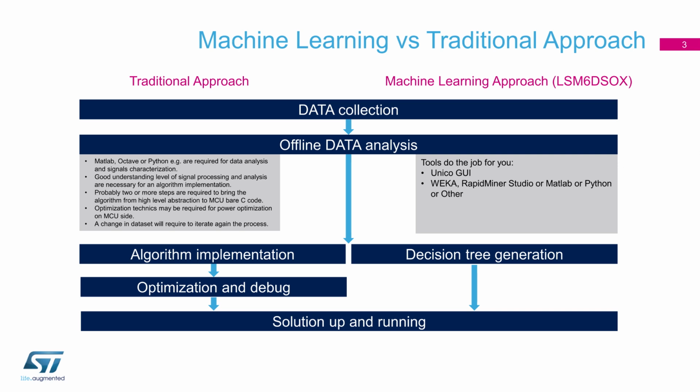With the traditional approach, good understanding of signal processing, optimization techniques, and the usage of different programming languages are needed for an algorithm implementation. Moreover, a new data set will require to reiterate the expensive process. In contrast, the machine learning approach is based on a set of tools that will reduce your effort to almost none.